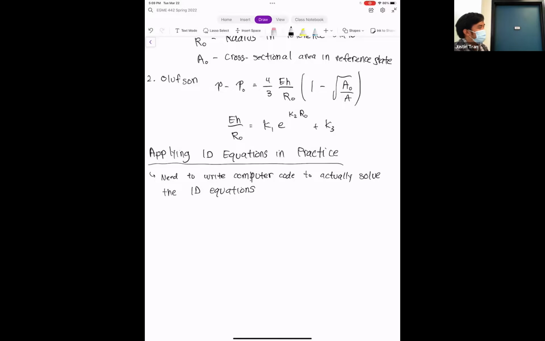Actually having you write the code for that is way beyond the scope of this course. So what I did instead was I had a good colleague of mine, who had a good 1D code where he applied it to just a single vessel, and I'm going to use that vessel to illustrate its purposes.